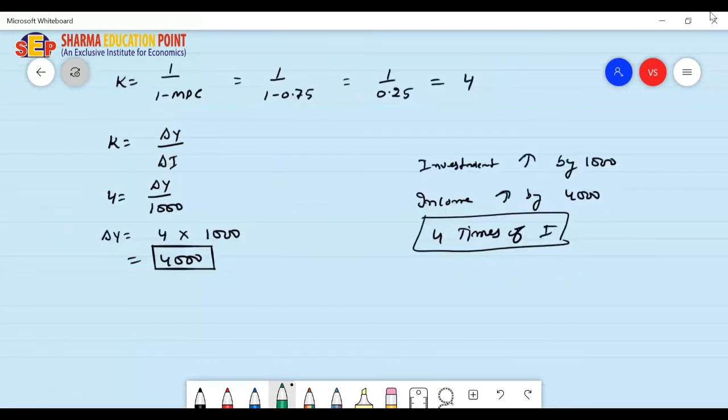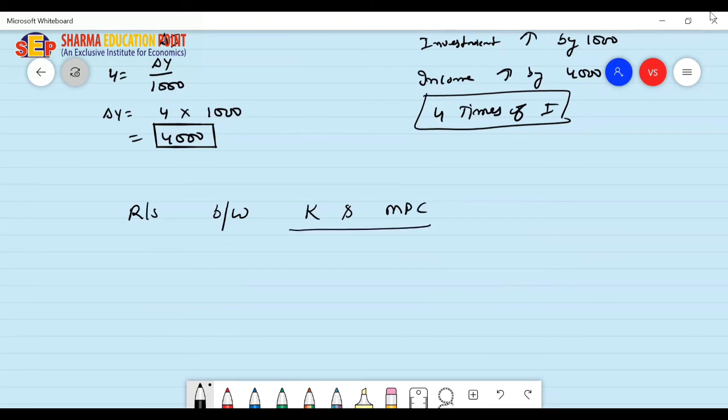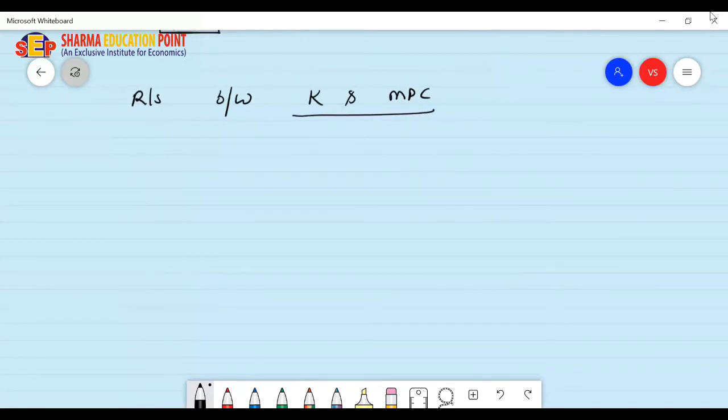Now the another concept here, that's a very small concept. So look here. Now the relationship between multiplier and MPC. So what is the relation between multiplier and MPC? So suppose the value of MPC 0, 0.25, 0.50, 0.75 and 1.